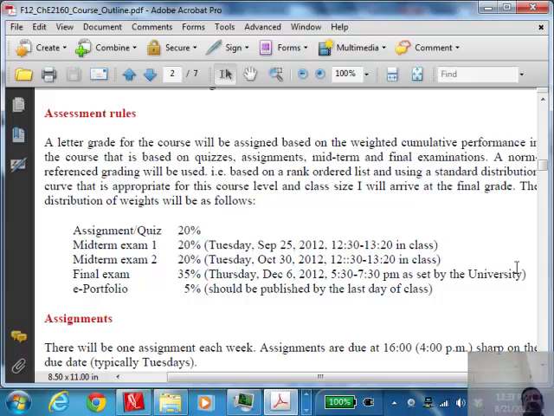And what I expect here is each one of you to develop an e-portfolio, an electronic portfolio, that tells everybody else in the world something about you, what your interests are, what is your CV, what have you done in the past, what have you learned in this course. You may want to display things that you have done in this course, programs to the entire world.